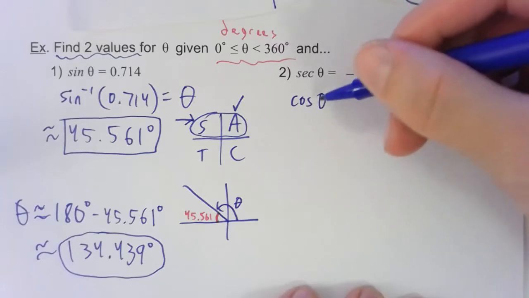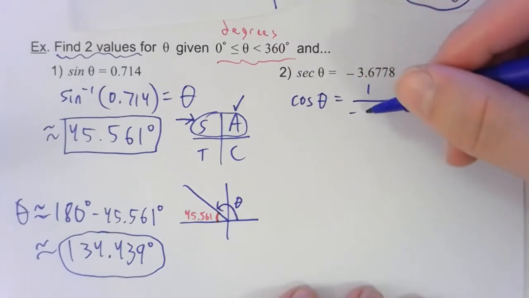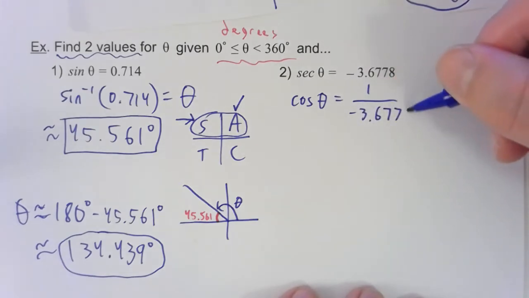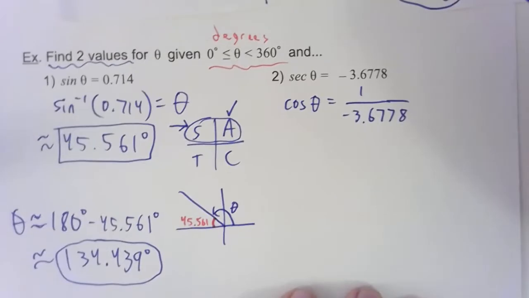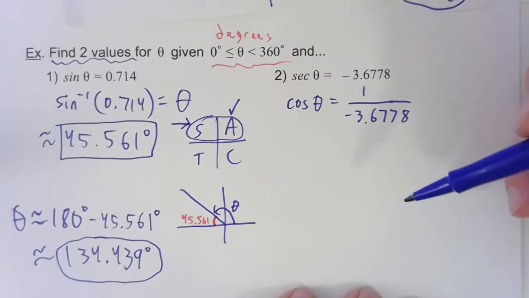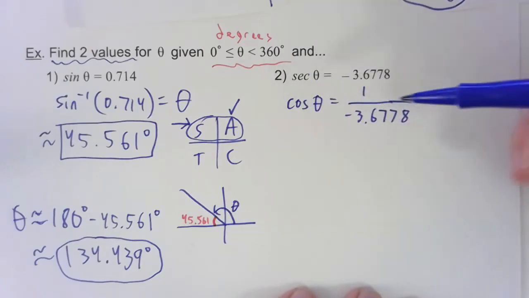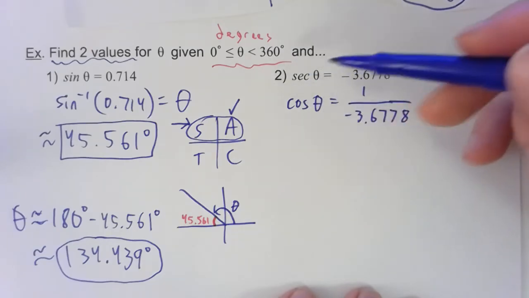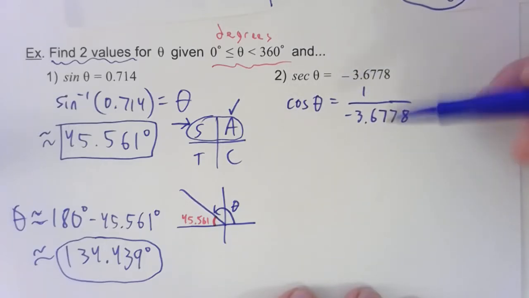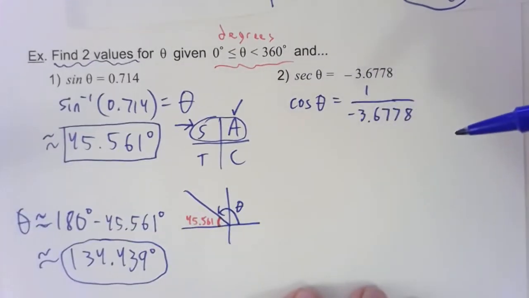Just say, if secant is this, what is cosine? Cosine is 1 over negative 3.6778. Just like if I told you secant was 3/5, you would know cosine was 5/3. If I told you that secant was 7/8, cosine would be 8/7. You can go between the functions by finding the reciprocal, by flipping the fraction. Don't write 1 over cosine; you'll get all mixed up.